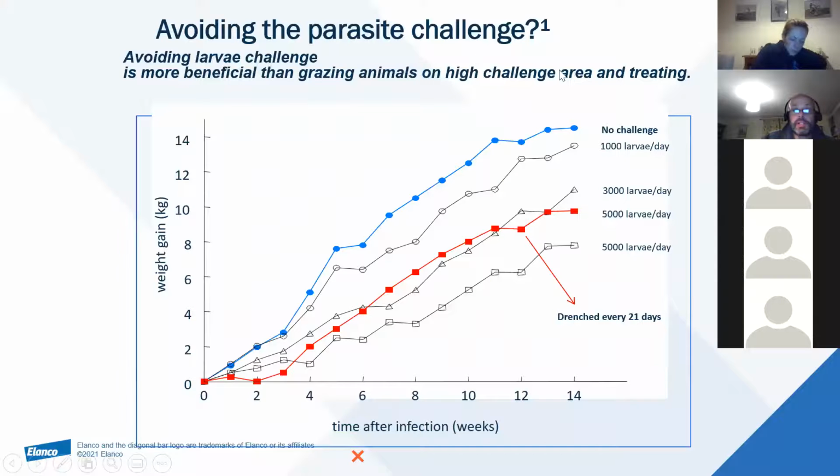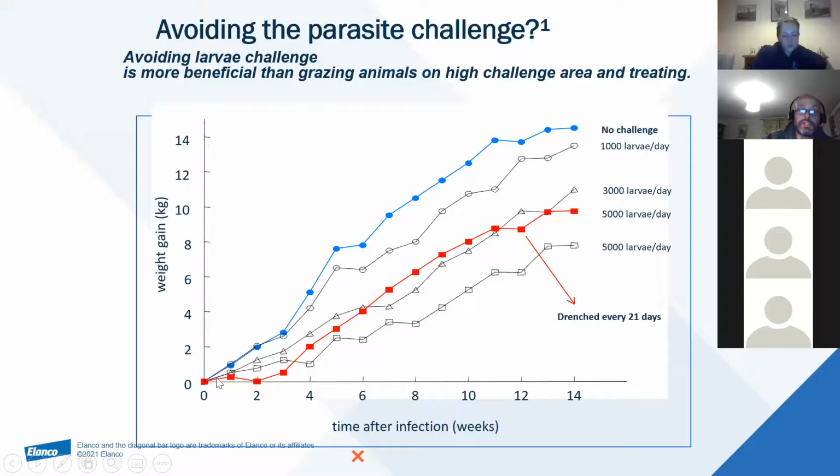And if we think about why we want to avoid the parasite challenge, this is the second part of that study I showed you earlier. The red line shows what happens when you take that moderate level of worm challenge. So again, this isn't enough worms to make the animals look ill. You take that level and you treat them.